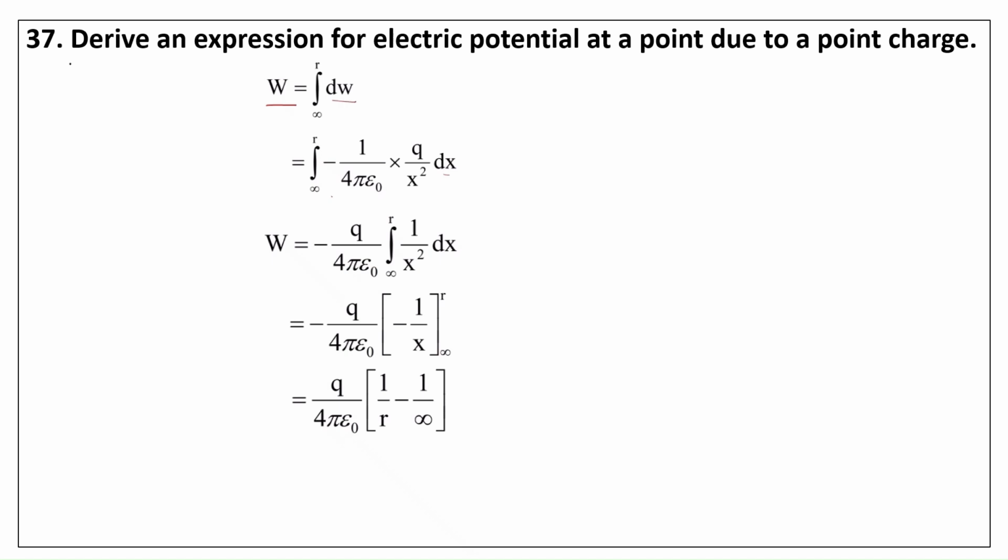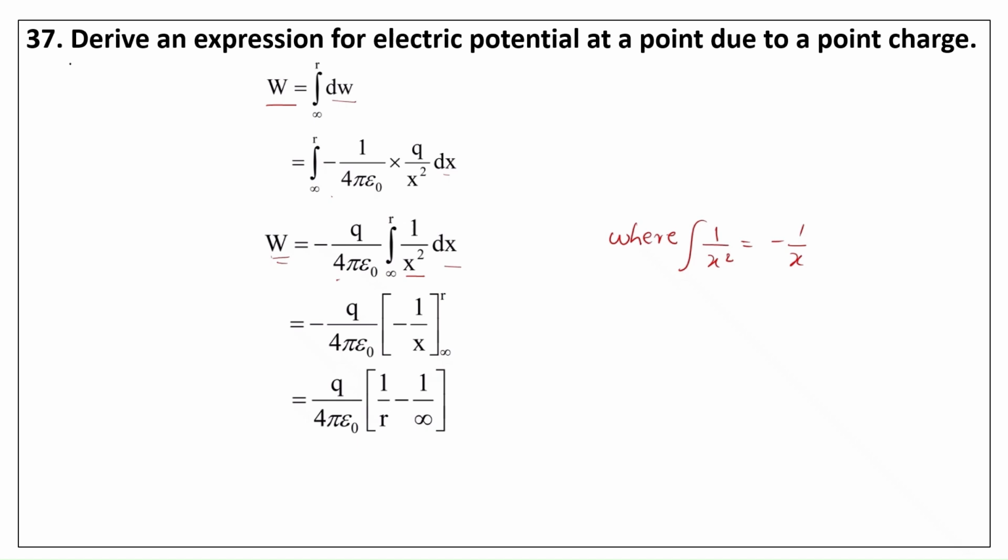Take constant term common. That is, W is equal to minus Q by 4 pi epsilon naught, integration infinity to r of 1 by x square dx. On simplification, integration of 1 by x square is equal to minus 1 by x. Substituting in above equation, we get W is equal to minus Q by 4 pi epsilon naught into bracket minus 1 by x, infinity to r.